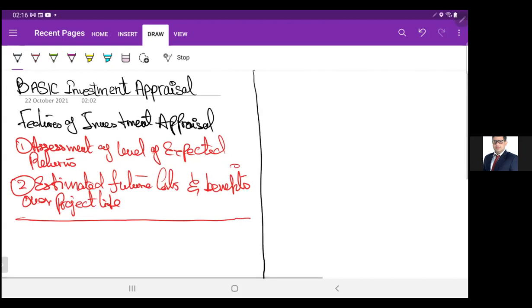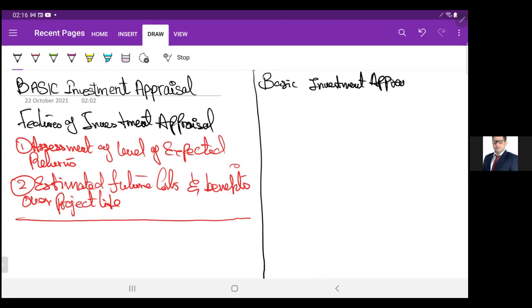Now, the two basic investment appraisal techniques which we are going to discuss in this lesson are: number one, return on capital employed (ROCE).